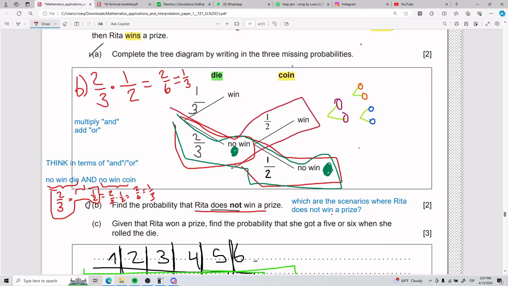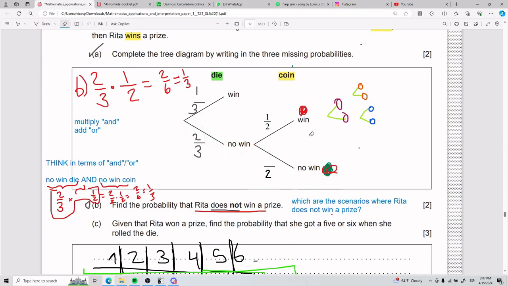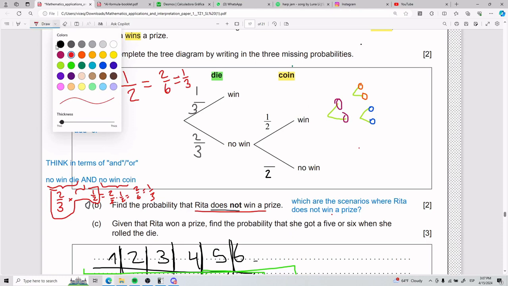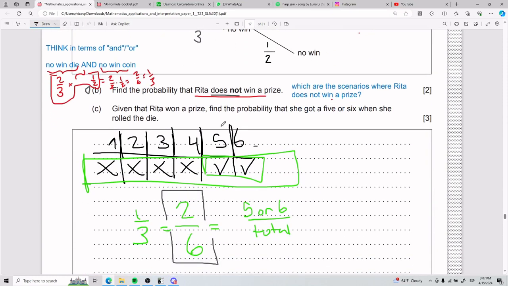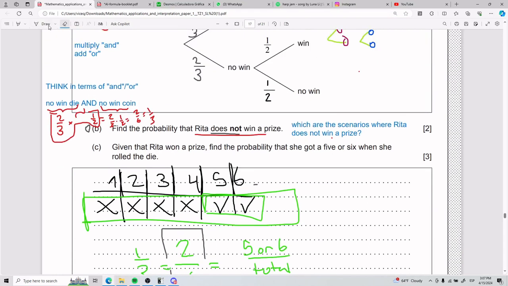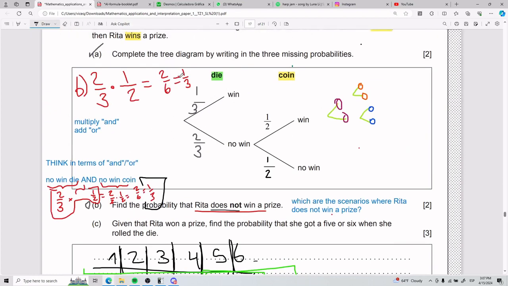See? Then you might be adding this whole line with this whole line. But for this example, we don't face that. If you want to find an example like that, I'm sure there's one on my channel. Just look up tree diagram for the buzzword and you'll find it. Anyways, for part B, it's 1 over 3. Okay? This 1 over 3 here, or this 1 over 3 there.